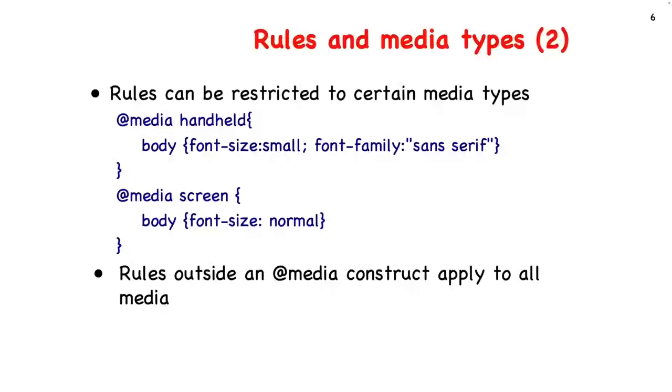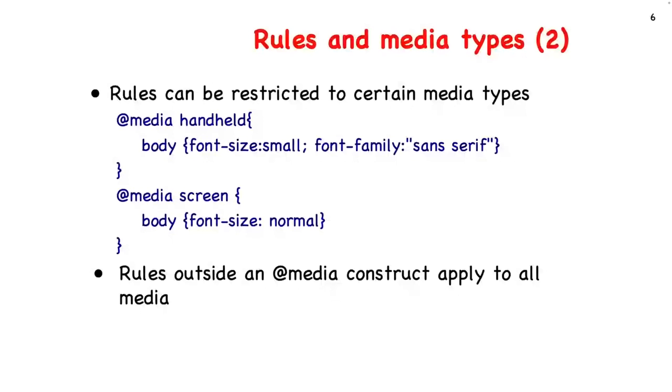Right, let's have a look at what a rule actually looks like. We've got a selector. It can have one or more property value pairs. What this is saying is, if we've got an H1 tag, a header 1 tag, that should be done with Helvetica.